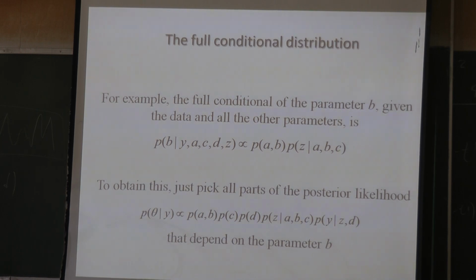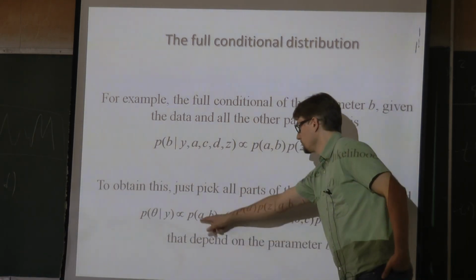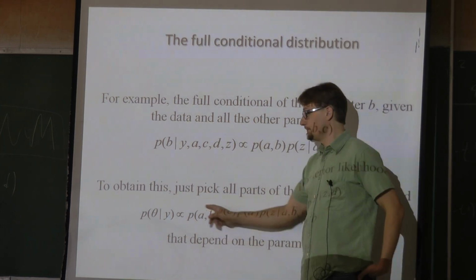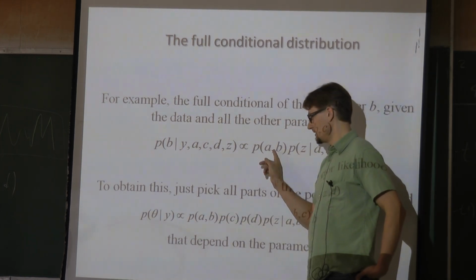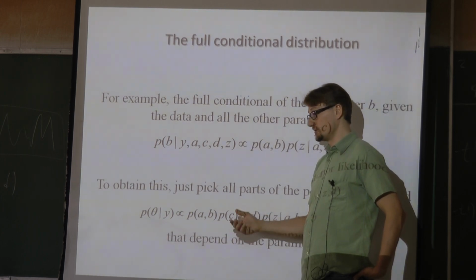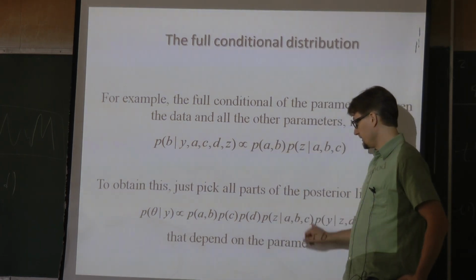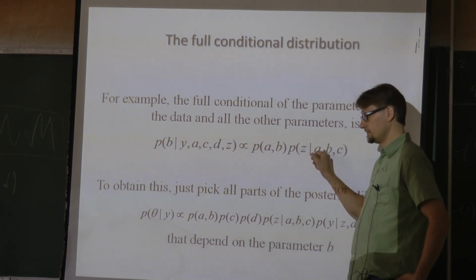Can you repeat this step? You selectively chose the places where B was mentioned in the previous formula? Yeah, so I go through this, I see that, okay, B appears here, I have to take this into account. B doesn't appear here, so this is part of the normalizing constant, I can drop that out. Doesn't appear here, but it appears here, so I have to lift this in.